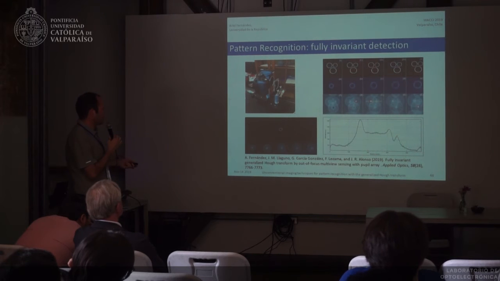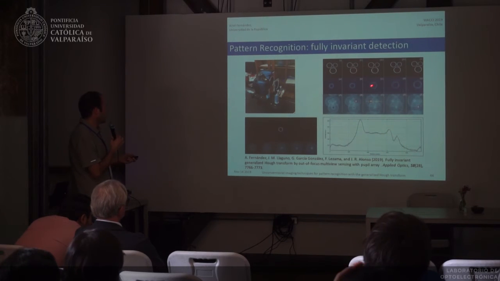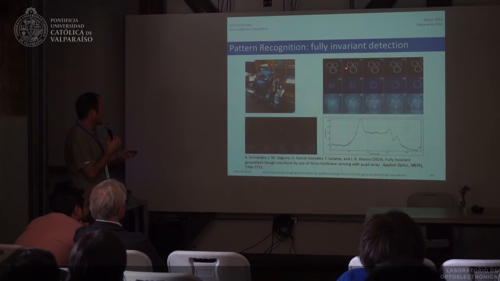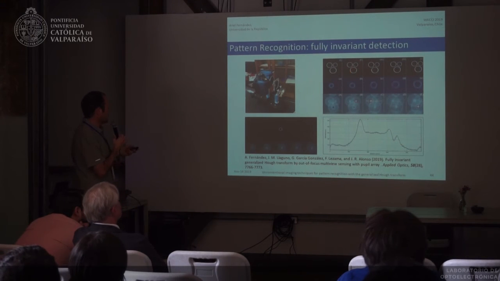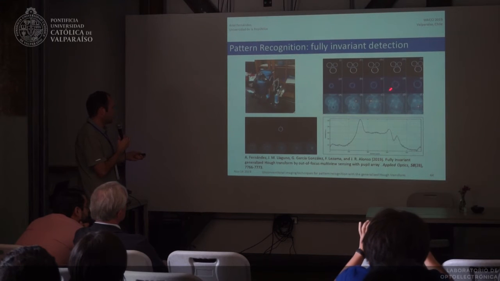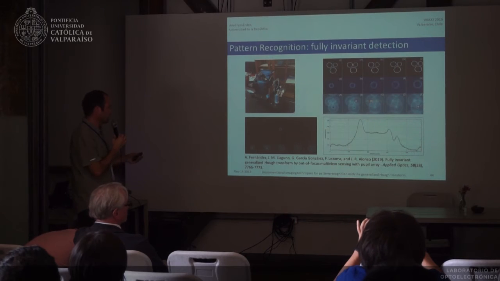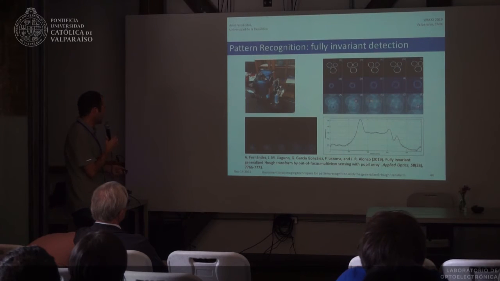For the case, for example, of a varied scale, we have in this case different sizes of circles. An image that is quite simple, and we can obtain behind each of our lenslets a different transformation. The bright spots in each of these cases point out the maximum correlation with a certain size of a circle.